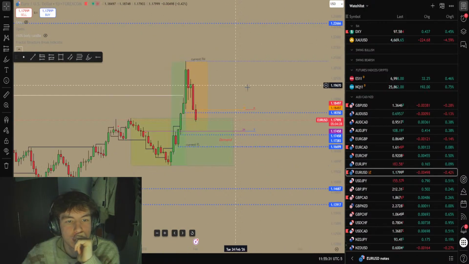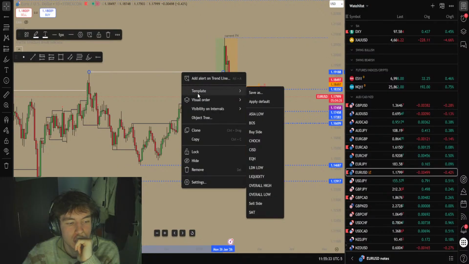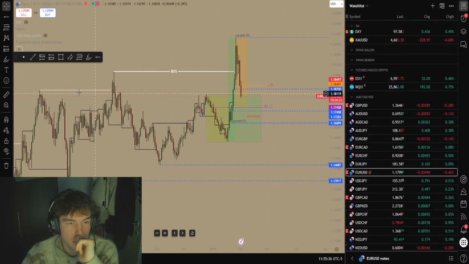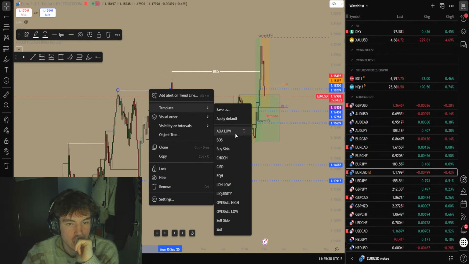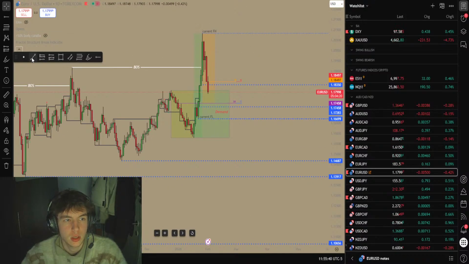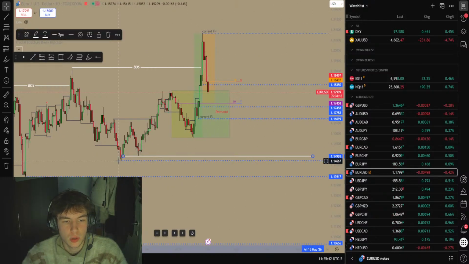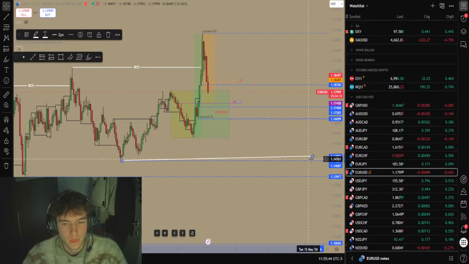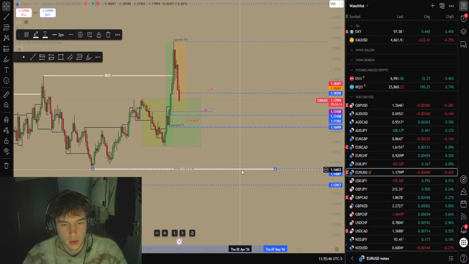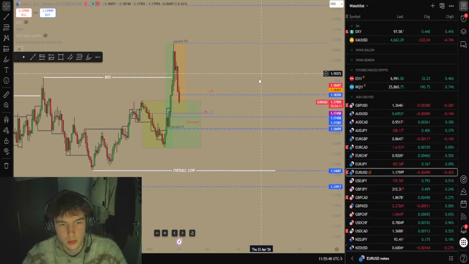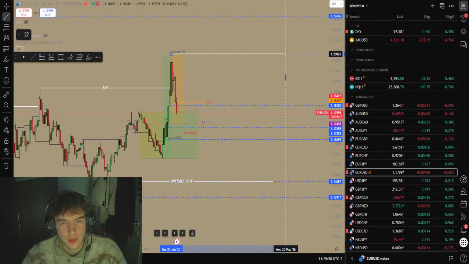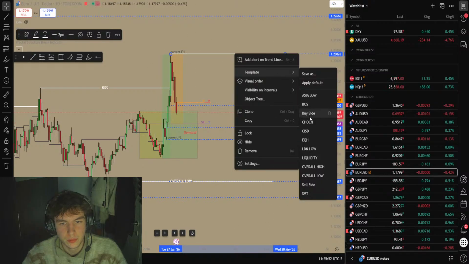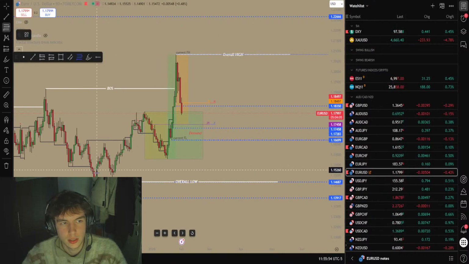Same thing here on Euro USD. This is a break of structure. This is a break of structure. This is our overall low. Right, this is our overall low. This is our overall high. Let's take the fib tool.